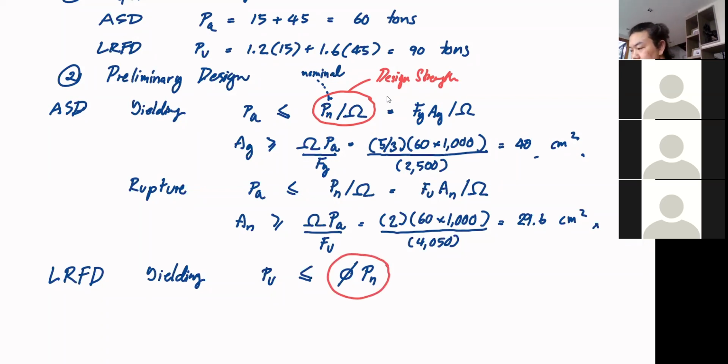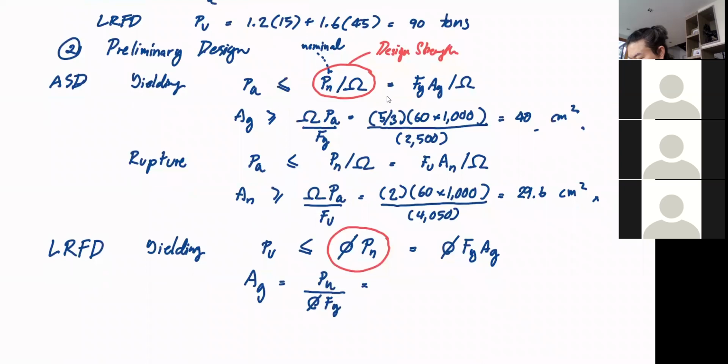So this term becomes phi multiplied by Fy multiplied by Ag. And similarly, now we can calculate Ag. It is going to be equal to Pu divided by phi Fy.